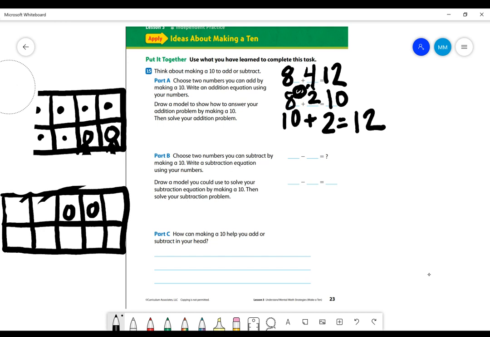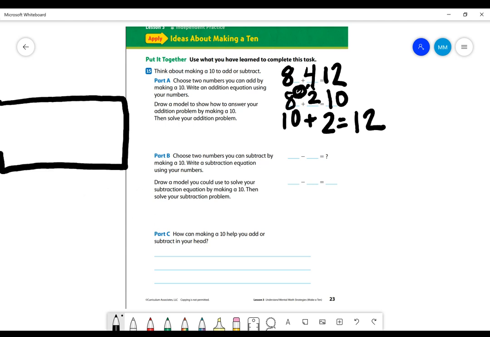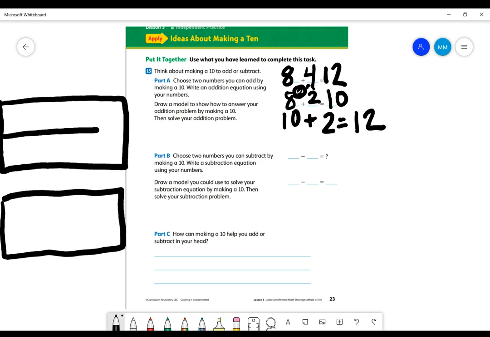All right, I'm going to clear this, and we are going to do the same thing again, but with a subtraction problem. So I'm going to go ahead and draw my two 10 frames because I know I'm going to have a whole that is greater than 10. So I'm going to need two 10 frames.